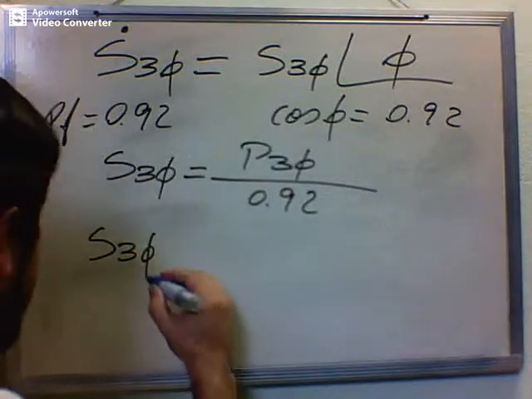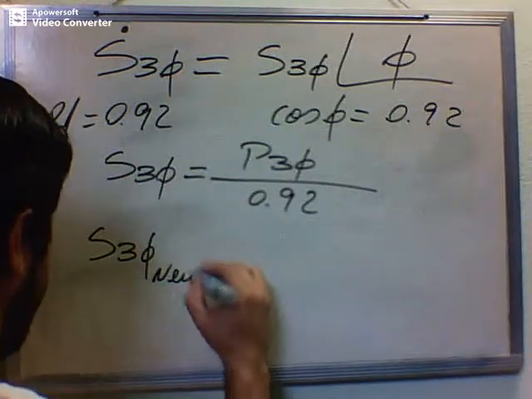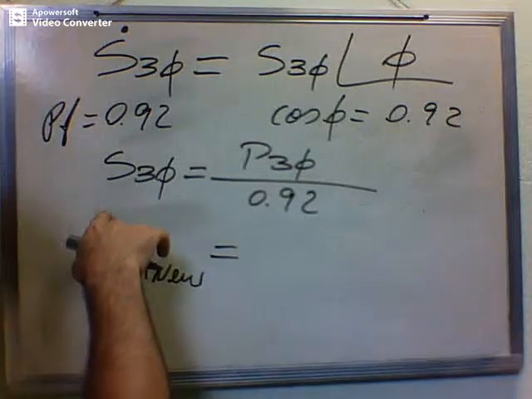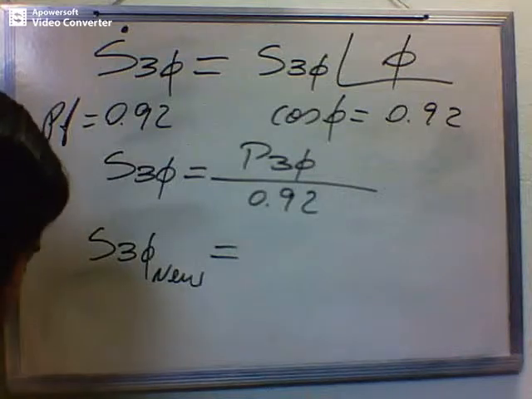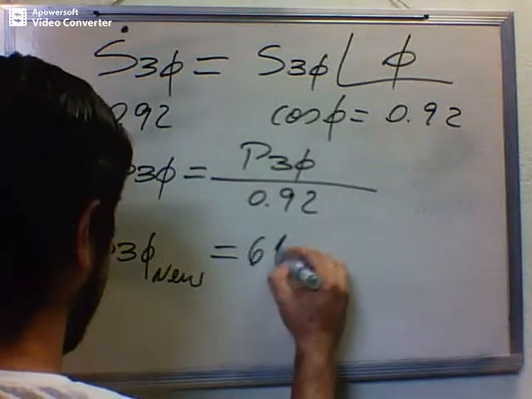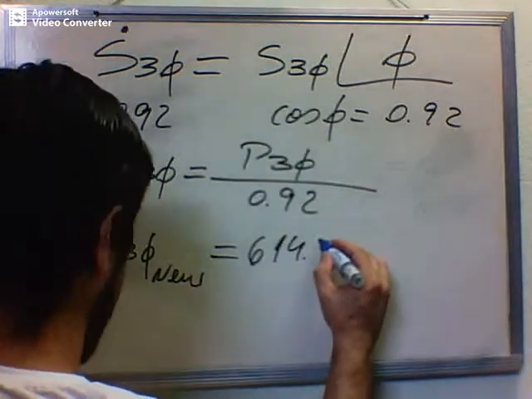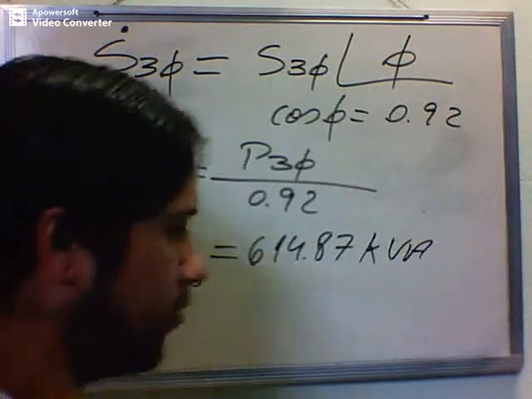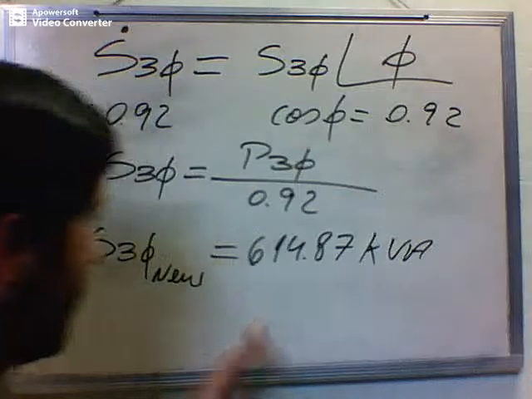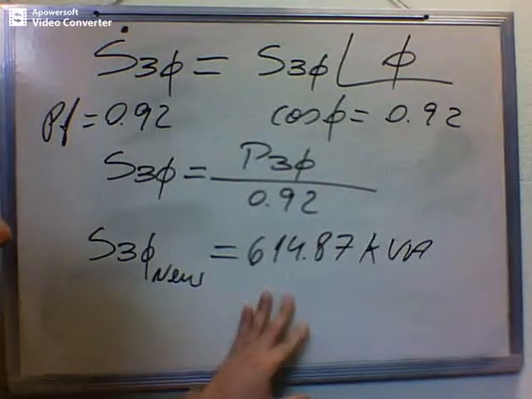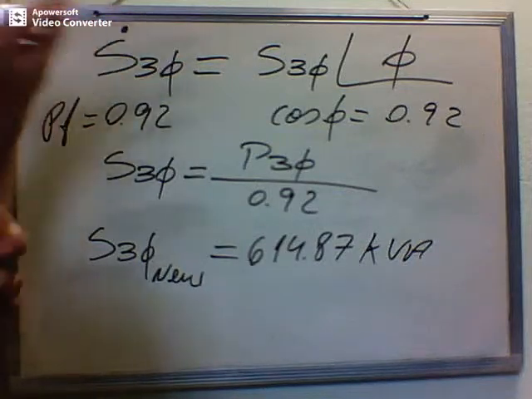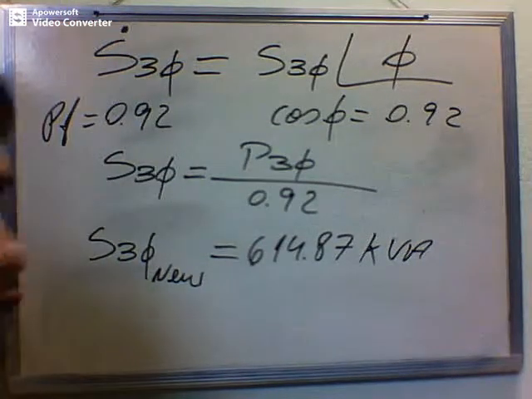which I'm going to call nu. The apparent power nu, without the dot, is 614.87 kVA. So this is the apparent power, and the complex power that we need the installation to have.